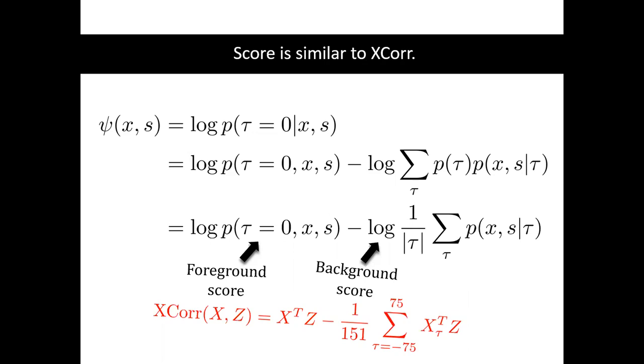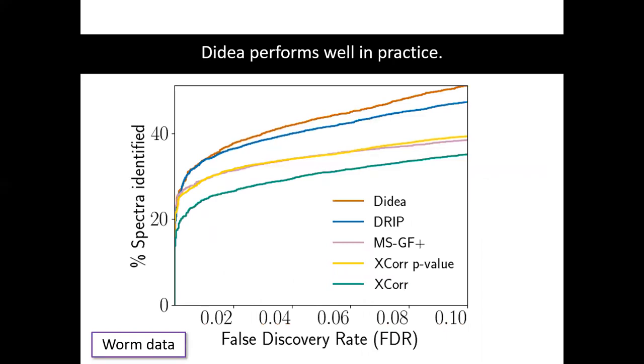So how does this model actually perform in practice? The following is a typical performance plot. This is evaluating a worm data set. The x-axis measures the false discovery rate, or FDR, and the y-axis measures the number of spectra identified at each FDR. So higher curves equate to better performance.